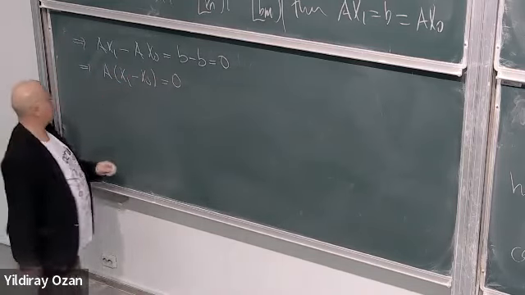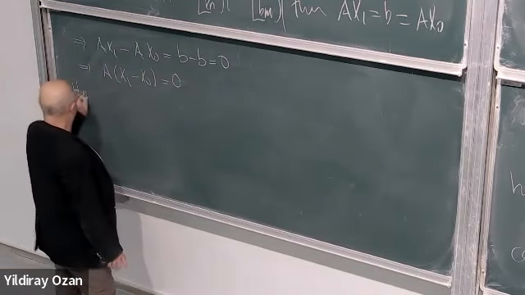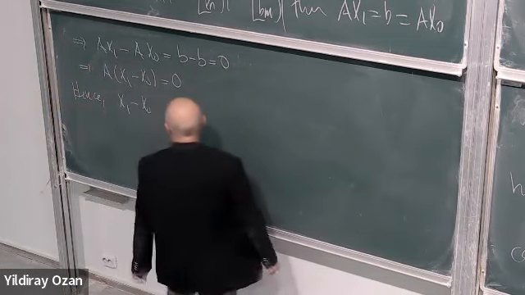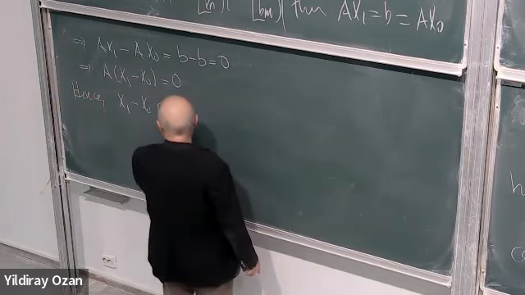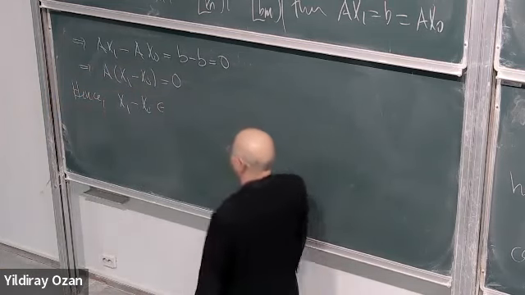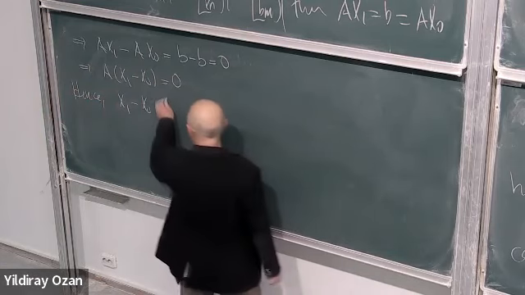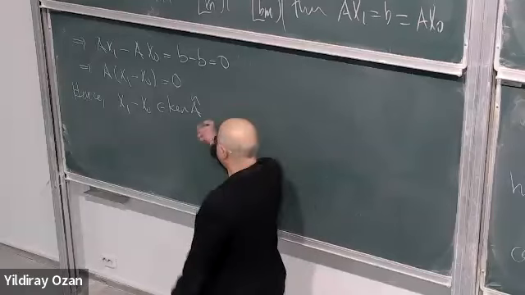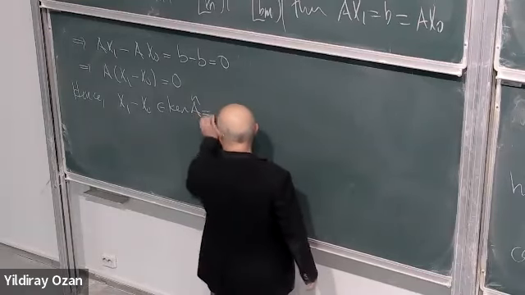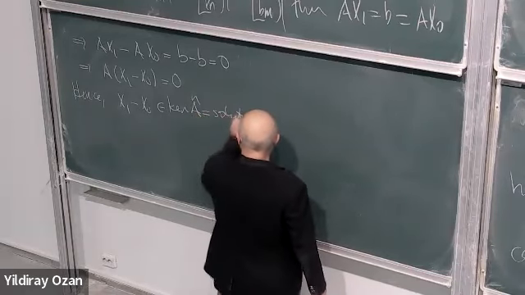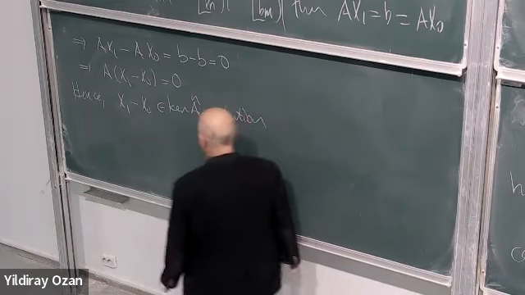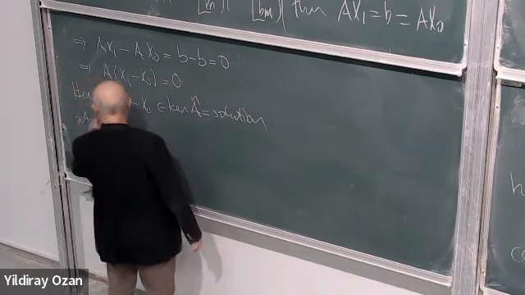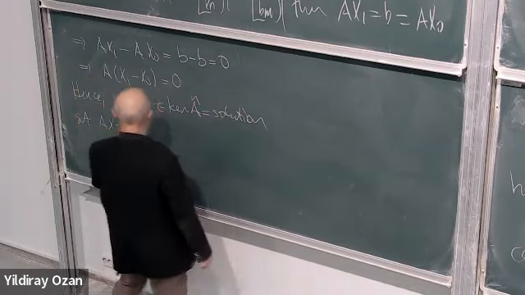Therefore, x1 minus x0 is in the kernel of A, which is just the solution set of Ax equals 0.